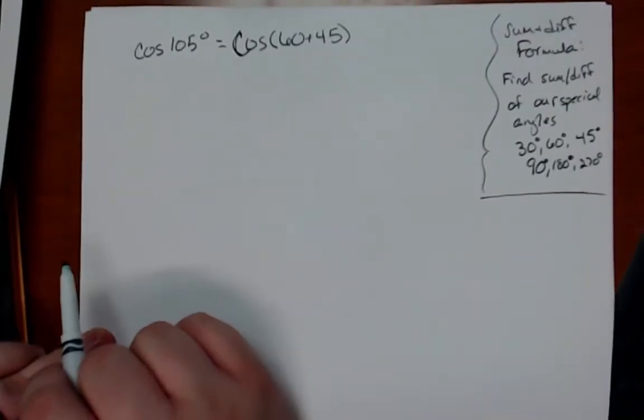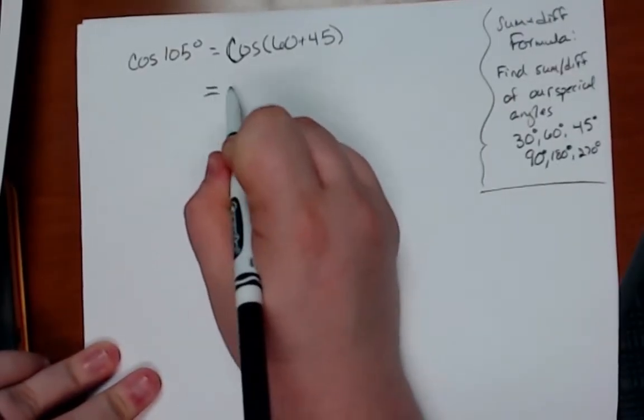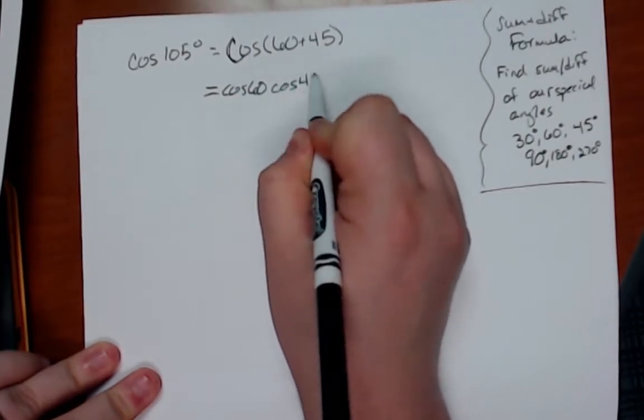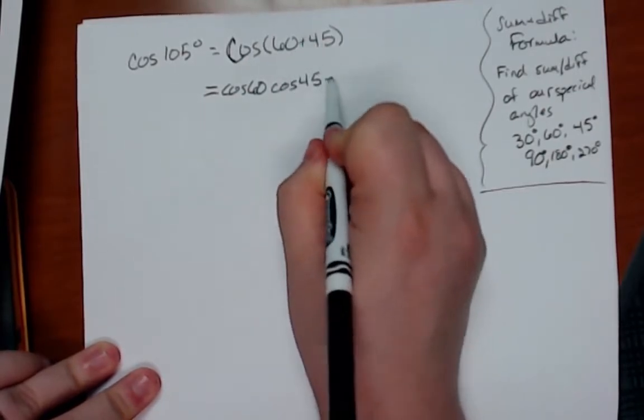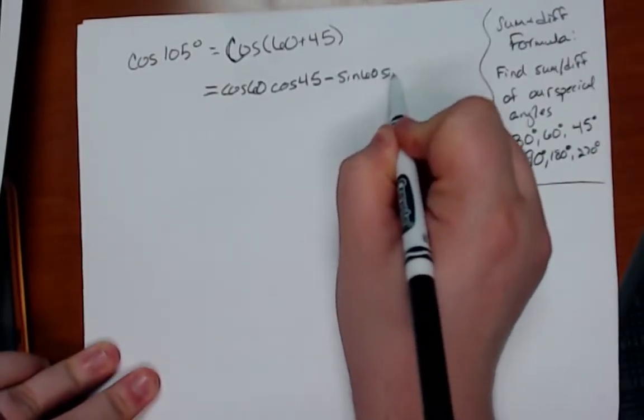Our first example had a difference. This one has a sum. So we have cosine, cosine, sine, sine. Cosine of 60, cosine of 45, and that plus becomes a minus, sine 60, sine 45.